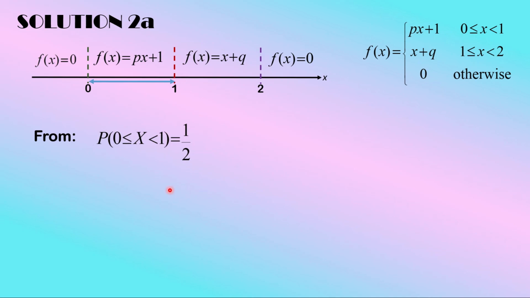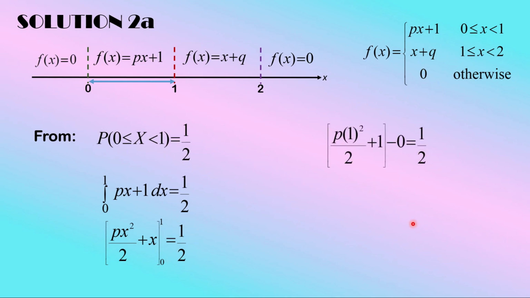Since this is a probability density function, 1 over 2 is the area under the curve that we get from the integration process. Then, do integration in this interval of the function px plus 1 from 0 to 1 and equate to 1 over 2. Okay, this is the result after integrating. Then substitute. So finally, we get p is equal to negative 1.